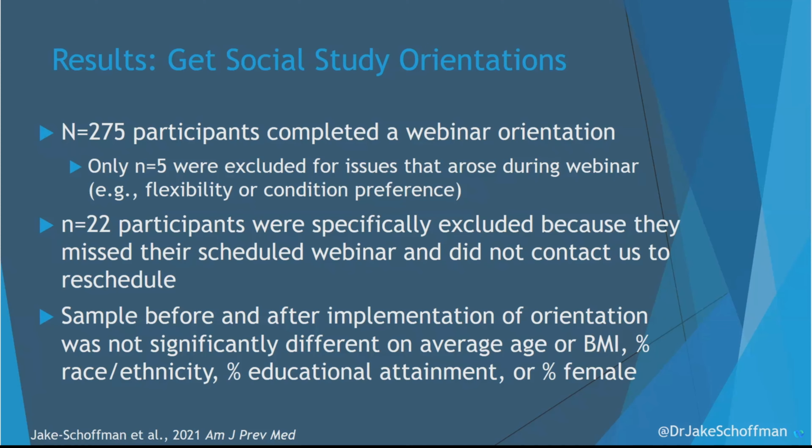We found there were no statistical differences in the average age or BMI of samples, the percent of race and ethnicity represented, educational attainment, or the percent female. So in fact, we had really similar samples. It didn't systematically discriminate or discourage any particular group from participation.